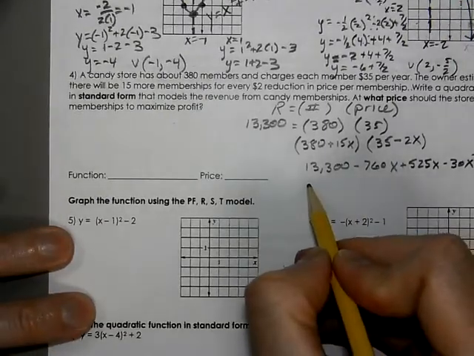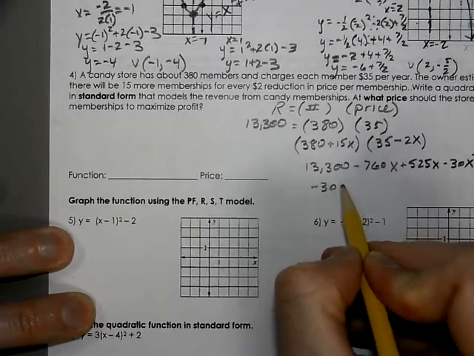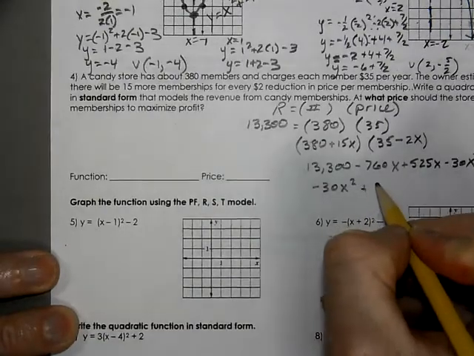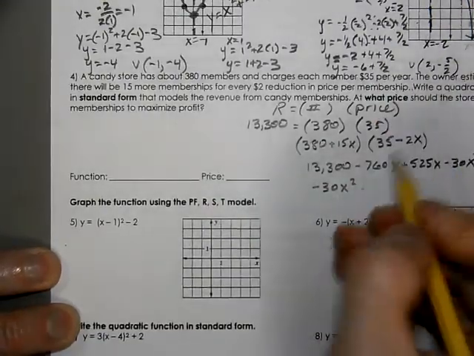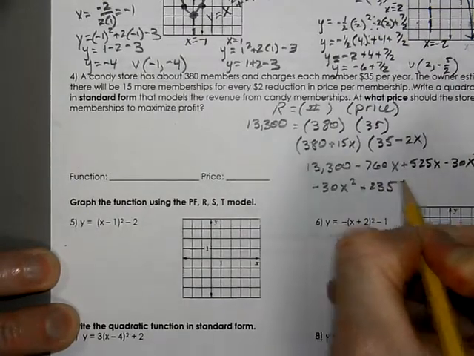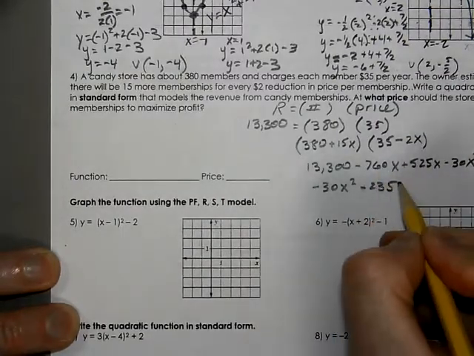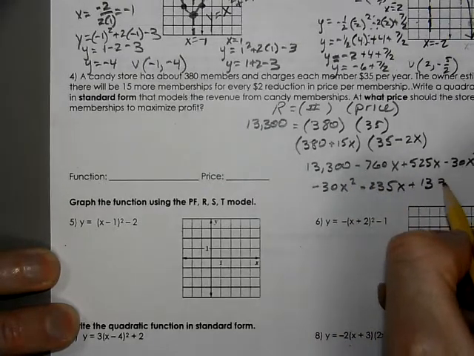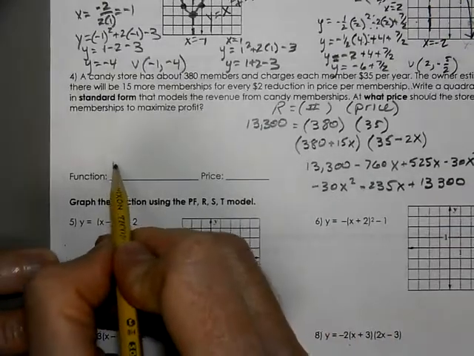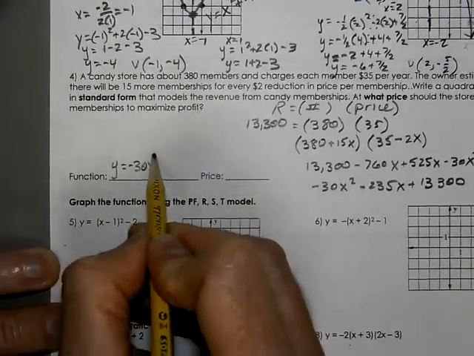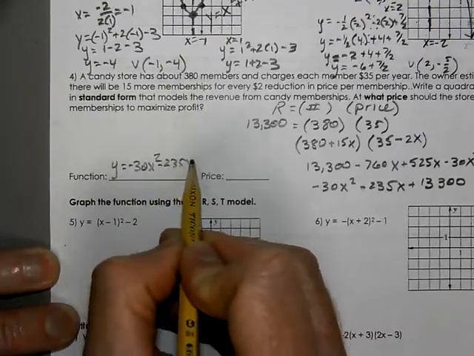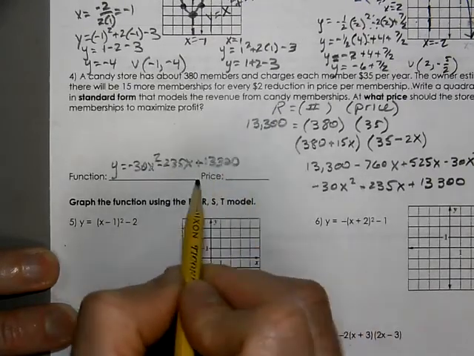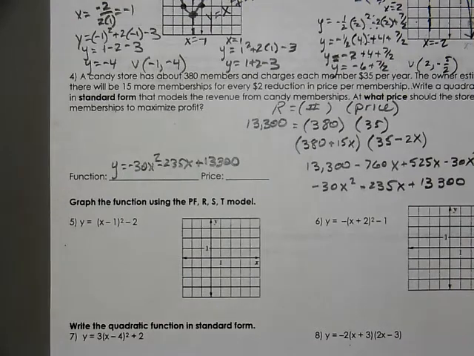So our final equation here is negative 30x squared minus 235, because that's collecting our like terms, plus 13,300. That's our equation.